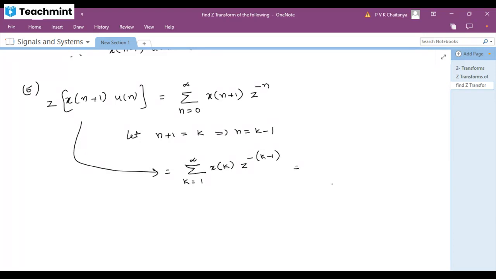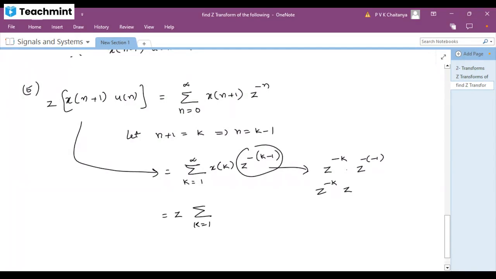So z power minus k minus 1, I can write it as z power minus k into z power minus of minus 1. So that is z power minus k into z. So I'll be writing this as z into sigma 1 to infinity x of k z power minus k.